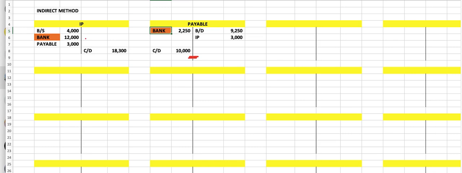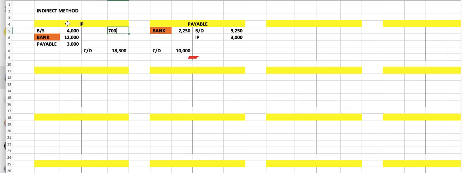IP on the debit side is 4,000 plus 12,000 plus 3,000 minus 18,300. So 700. So 700 on this side. Okay, and then the question says that the company adopted additional information number 1. The company adopted fair value model in measuring its IP.